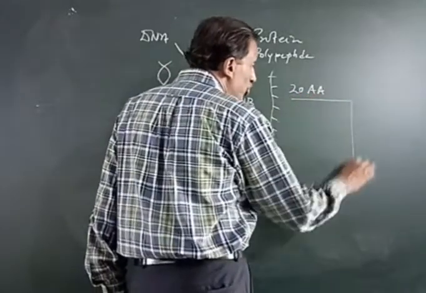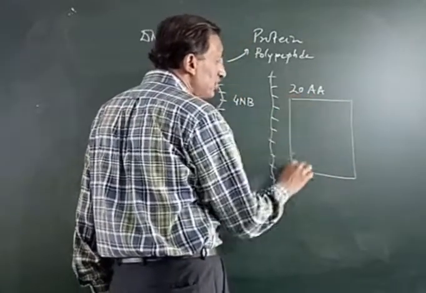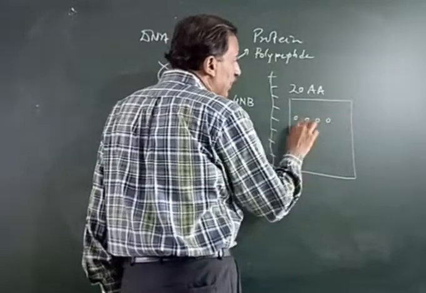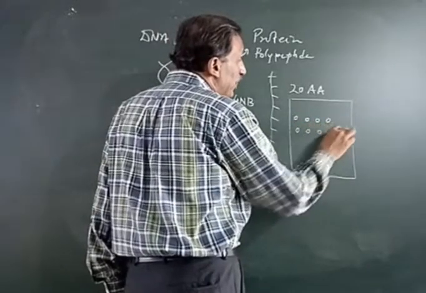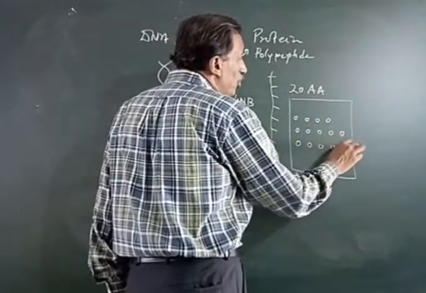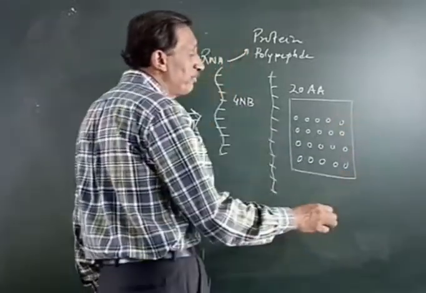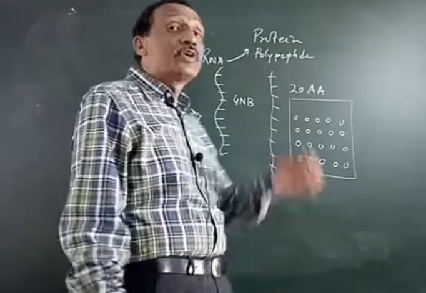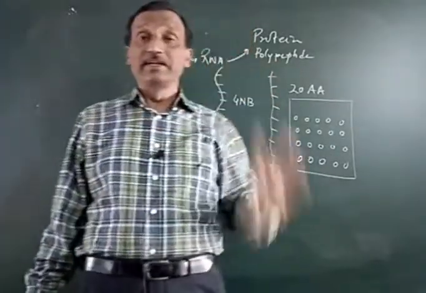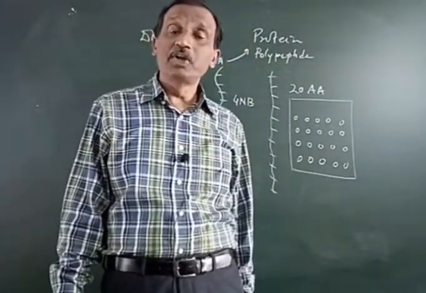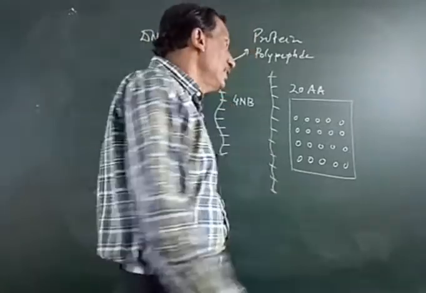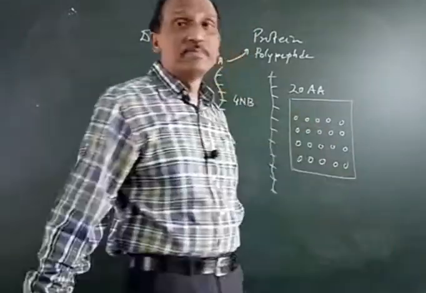In a class you have 20 children sitting and you have only 4 names. If you have only 4 names, how can you control the 20 children? How can you control a child individually? It will not be possible unless each child has a special name.